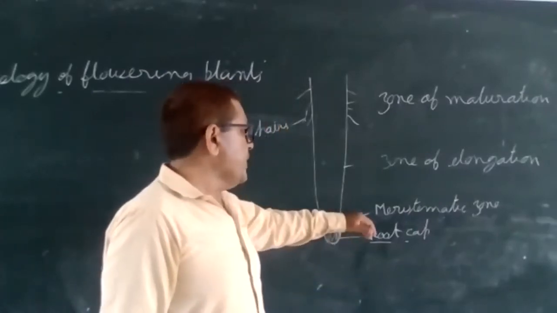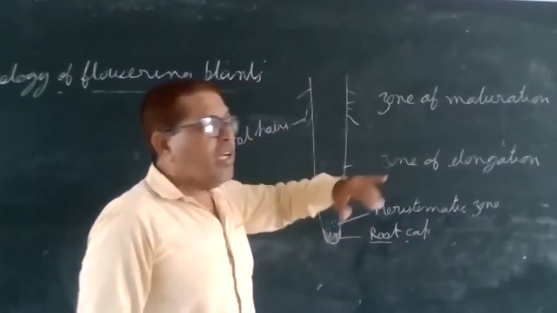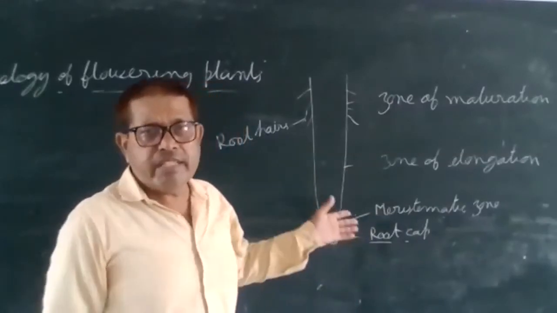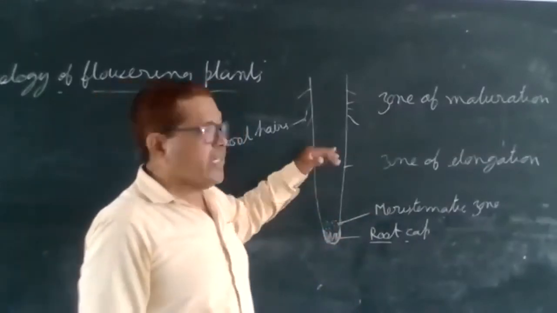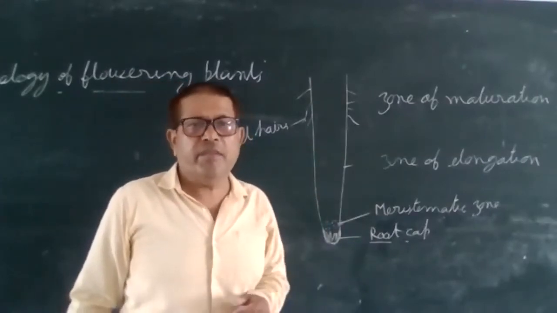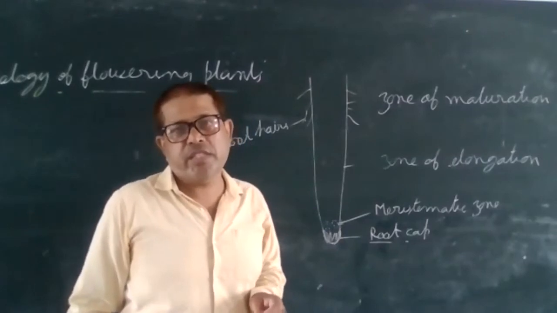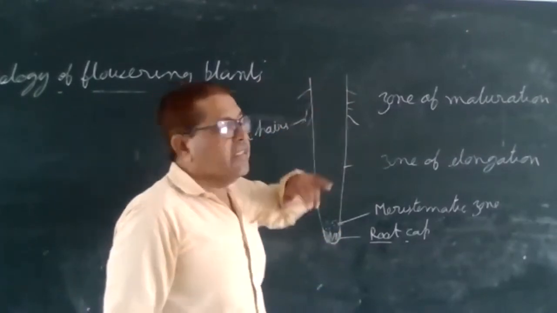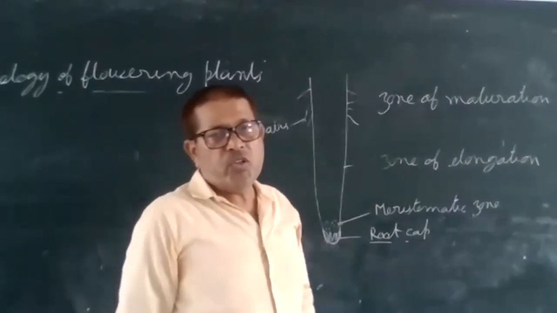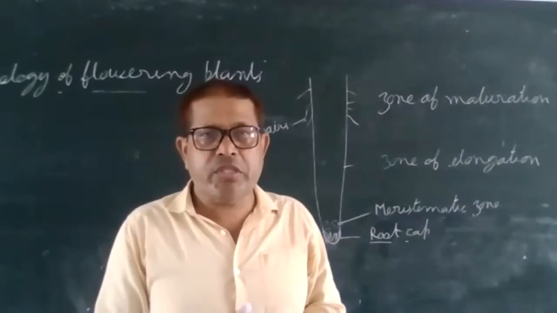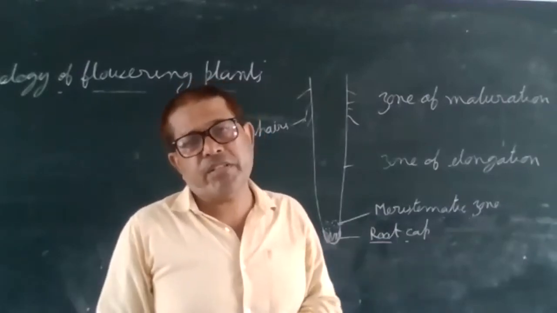And just after the meristematic zone is the zone of elongation, which is responsible for increasing the length of the root. Just after it, there is the maturation zone, where cells differentiate to produce xylem and phloem.